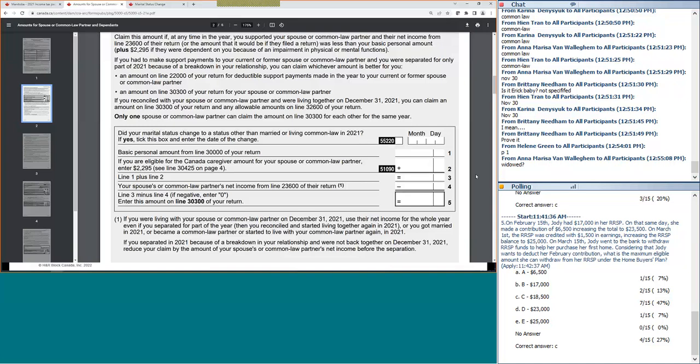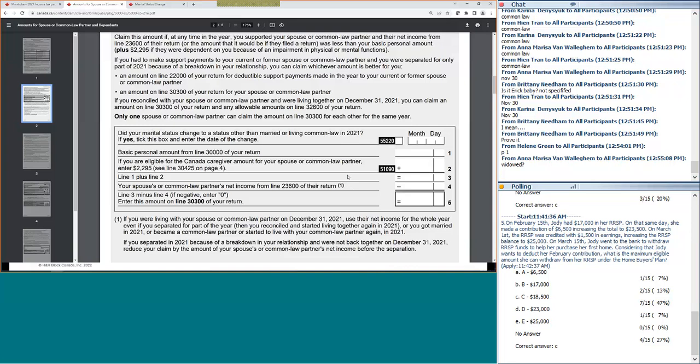So line 1 plus 2 right now will always be the same. Minus their net income from their return. And in this one, you get the spousal amount based on their net income for the whole year. Again, there's a note here. We'll talk about that when we get to more complicated family situations when there's a breakup. But it's going to be net income for the whole year.